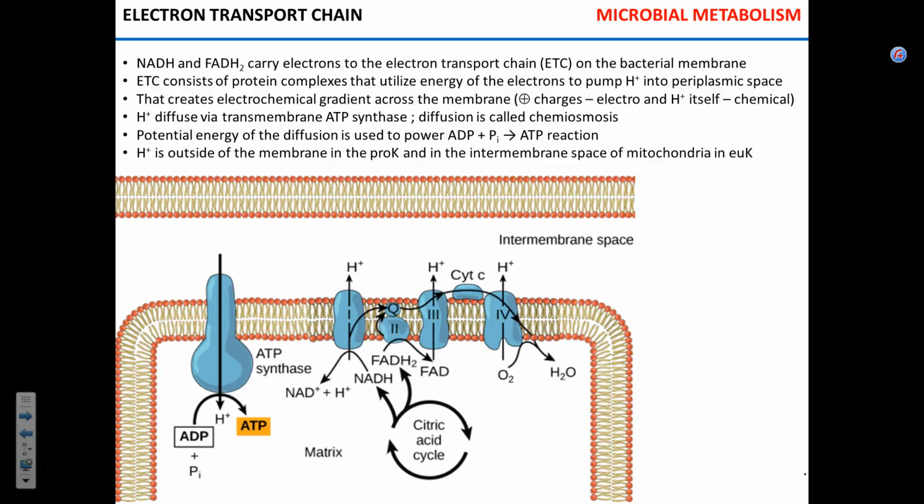How many ATPs have we made so far? How many in glycolysis? 2. How many in the Krebs cycle? 2. So we got 4. Does that make sense?